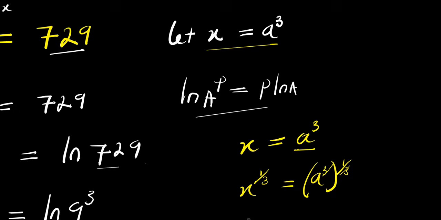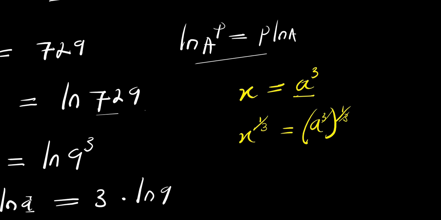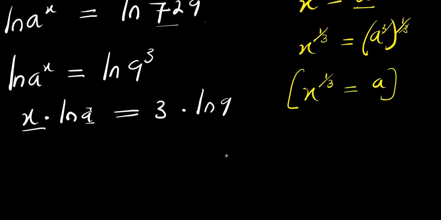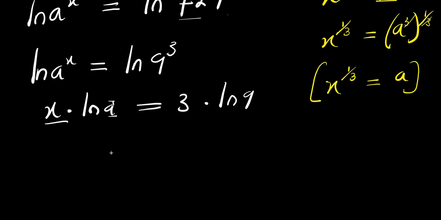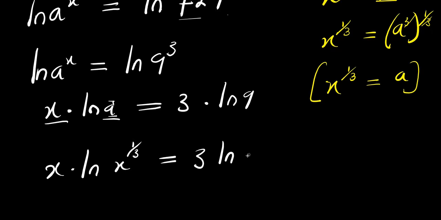This cancels this. I have x power 1 over 3 equals a. So when I come over here, I will simply have x times natural log of x power 1 over 3 equals 3 times natural log of 9.